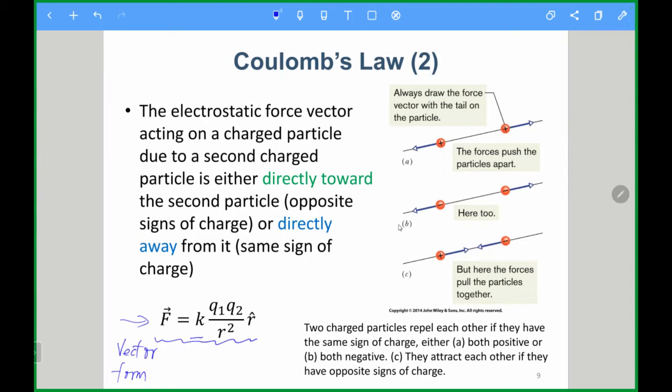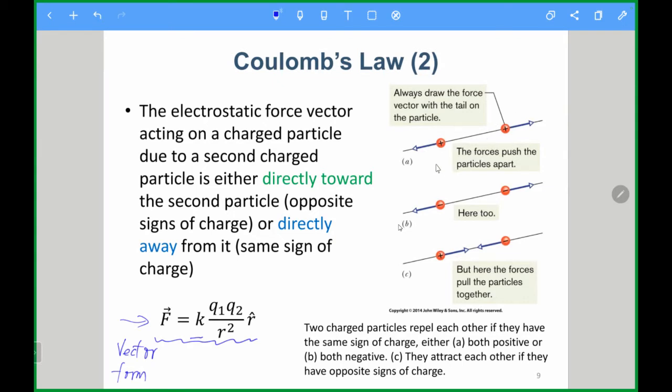But 2 of them are quite similar, so here we only solve 3 cases. The first case is that both of the charges are positive charges.